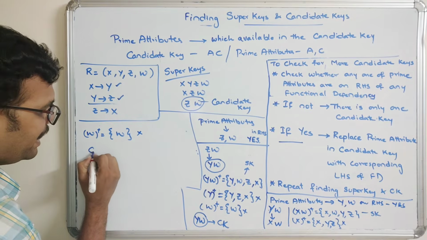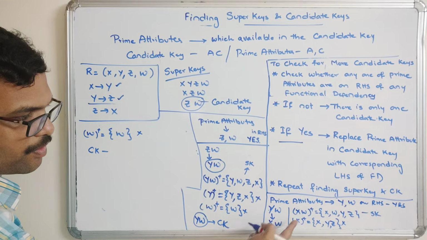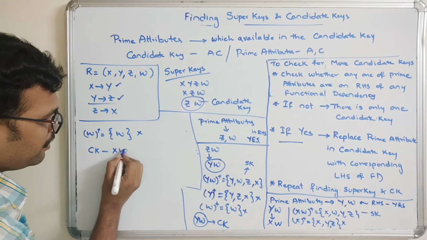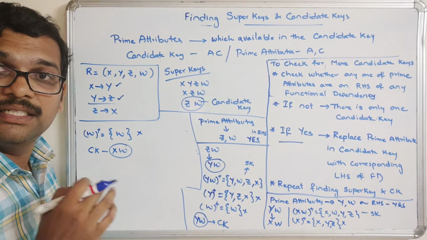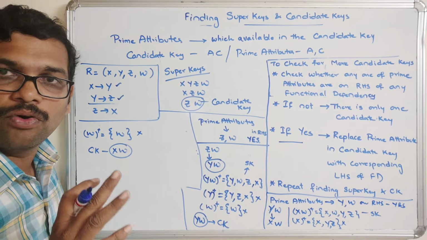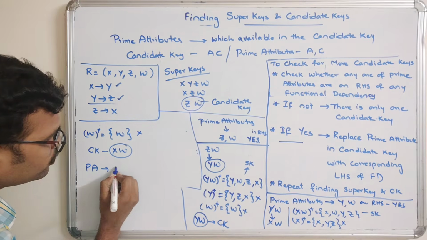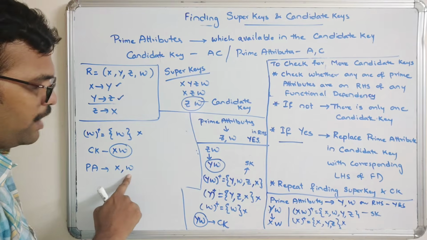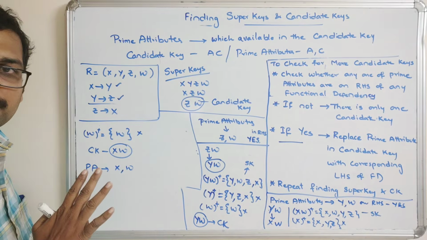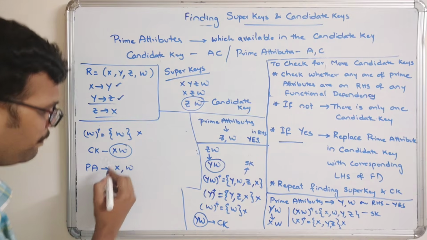Now the candidate key is XW. So is it completed? No. From this again we need to find the prime attributes, which are X and W. So we need to check whether these attributes are on RHS. Yes, here it satisfies. Replace this one.